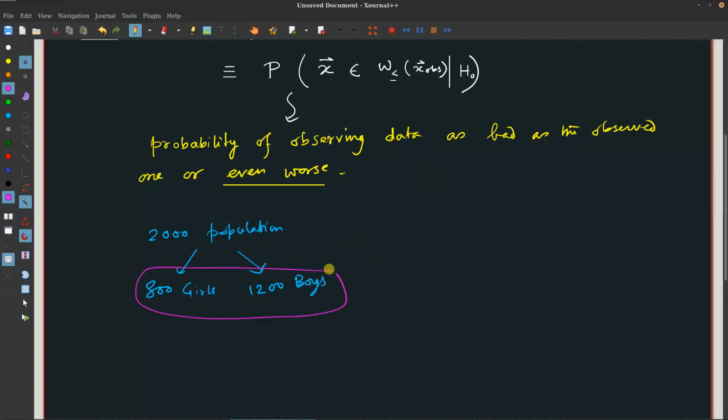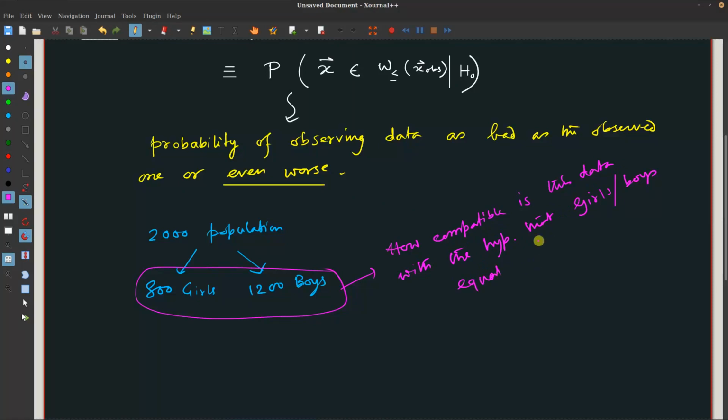So this is my data. I want to ask how compatible is this data with the hypothesis that girls or boys are getting equal chances.